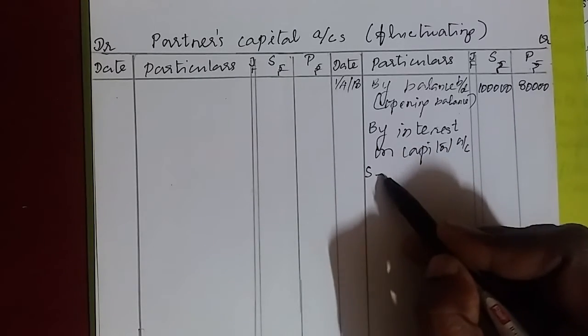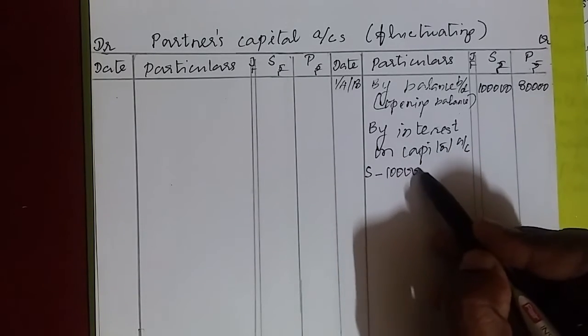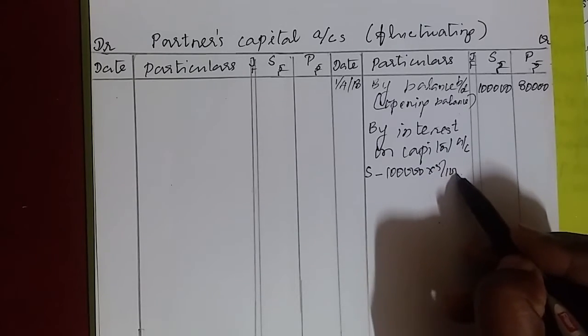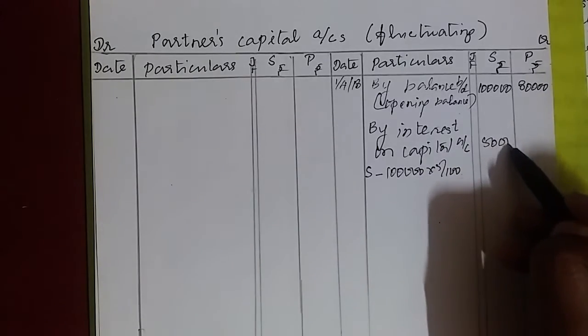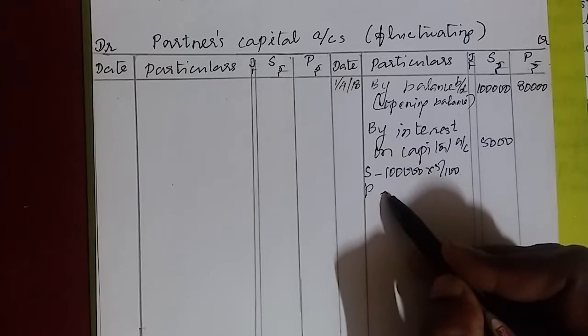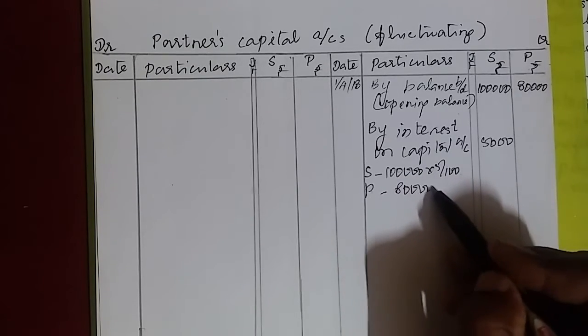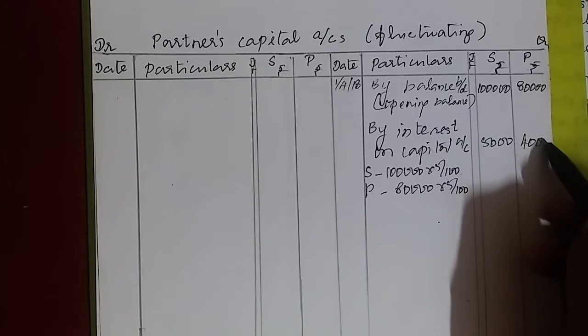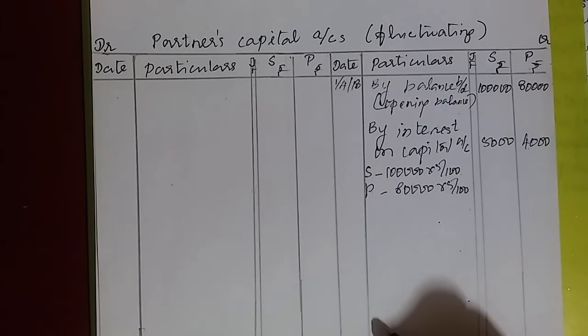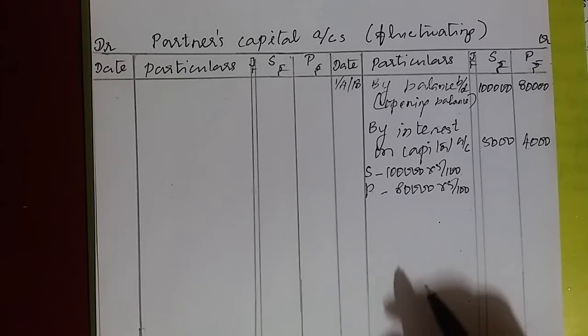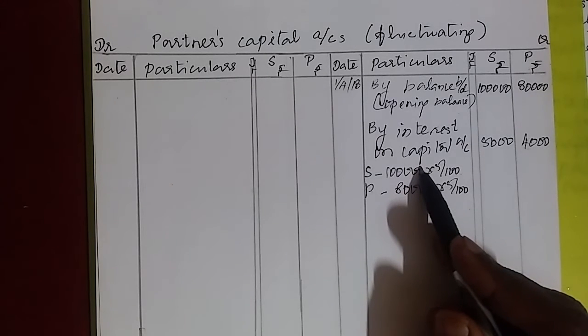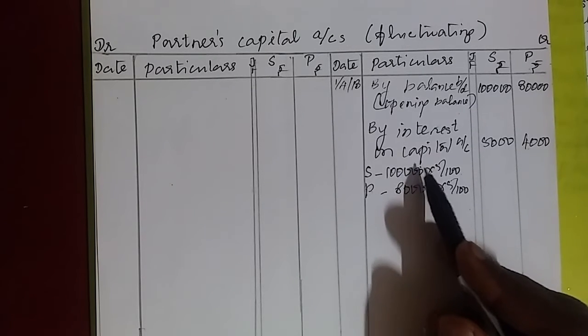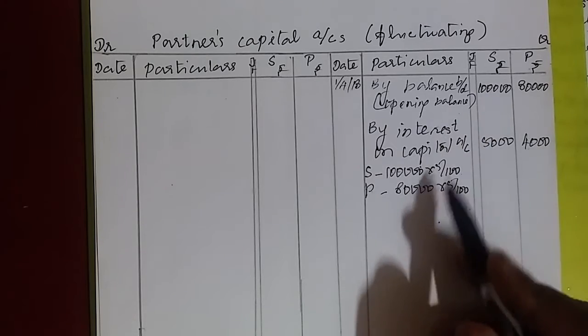See, for Sachin, 1 lakh into 5 by 100, he gets 5,000. For Pratham, 80,000 into 5 by 100, he gets 4,000. Which you know already, we have done this in the P&L appropriation account. Interest on capital is an income to the partner, so we have to show this on the credit side.